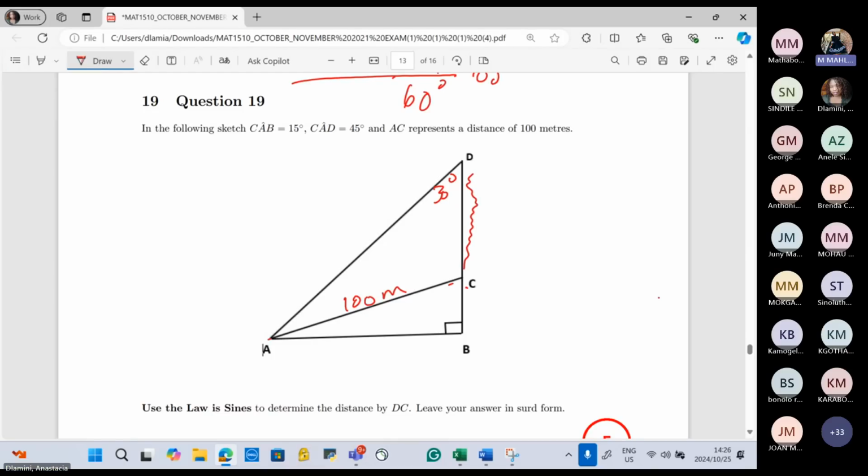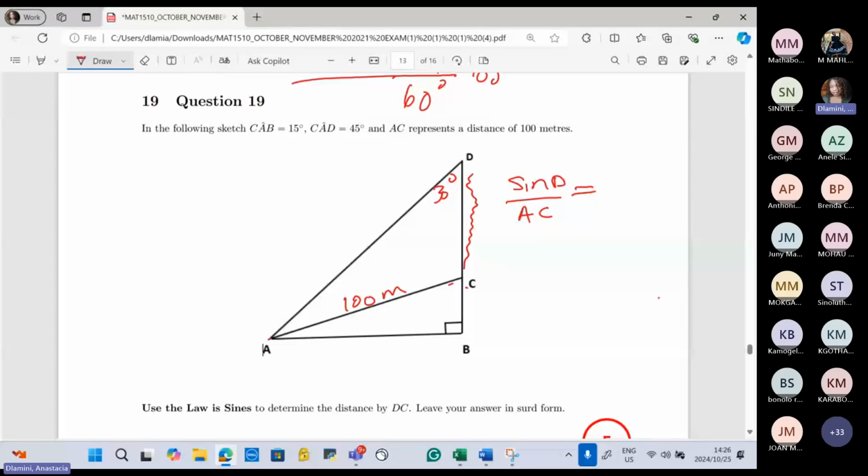And then I will say sine D over AC equals to angle CAD over DC.